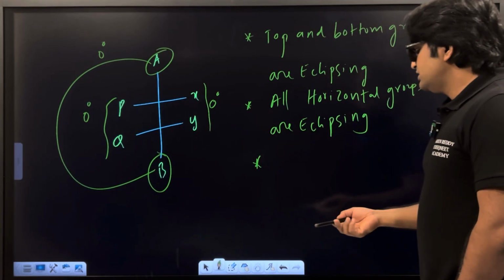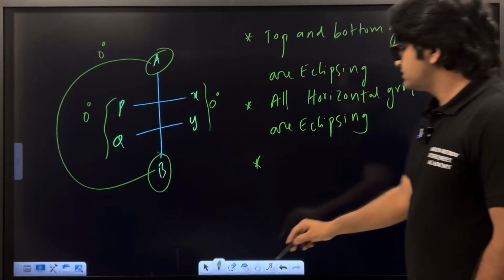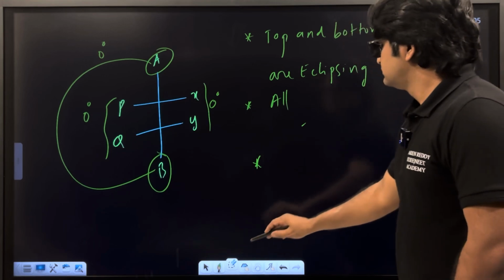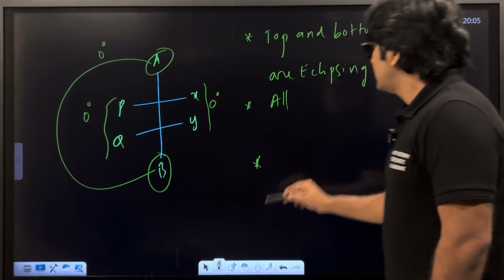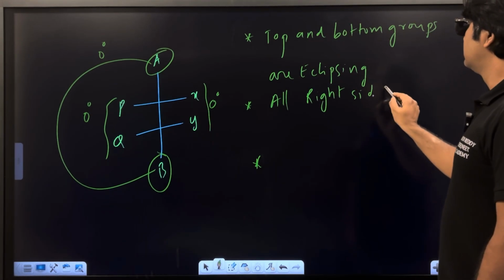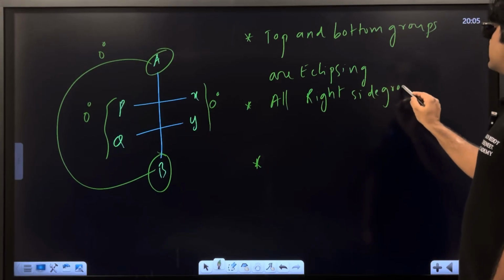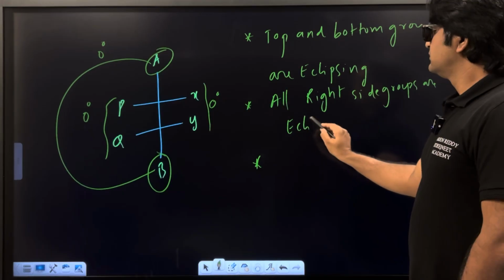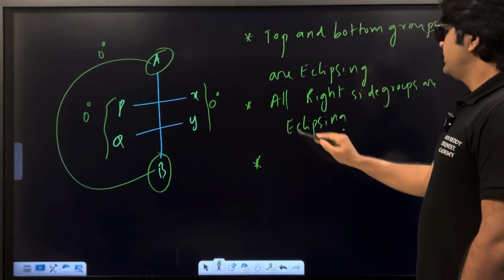Otherwise we can write like this: all right side groups are eclipsing.